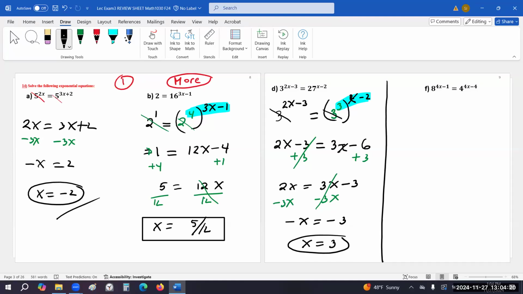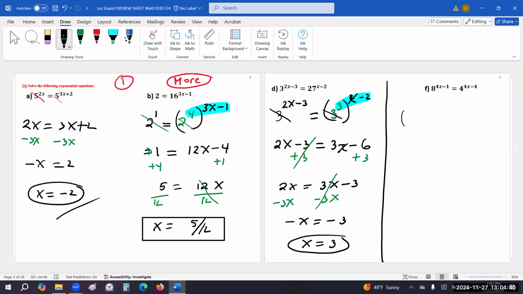The next one, the fourth type, the hard type. We have completely different bases. We cannot use the bigger one to rewrite the smaller one, and we cannot use the smaller one to rewrite the bigger one. So what do you do in this case?